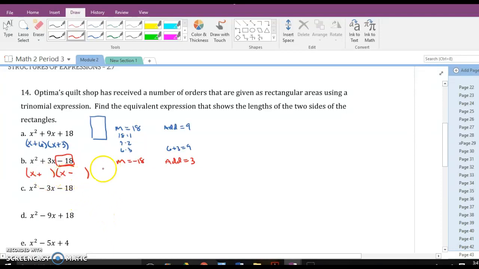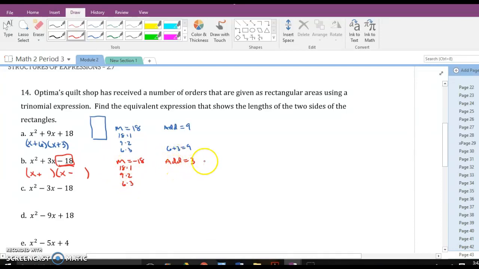So if we know our signs are different, we really are going to add or subtract to get positive 3. So just write all the factors down. We know it's 18 and 1, 9 and 2, 6 and 3.